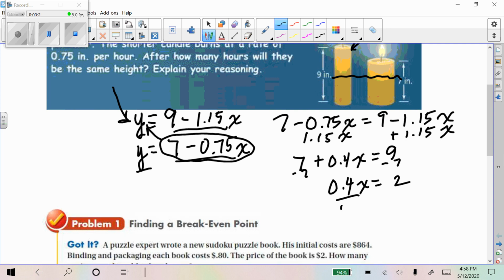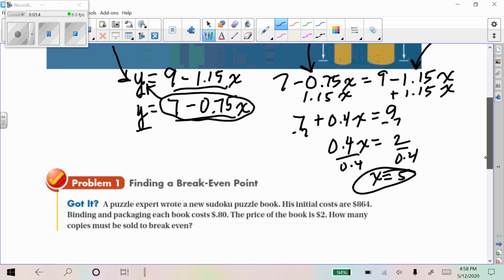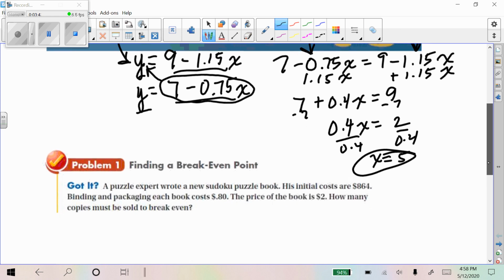And then dividing by 0.4, I get x equals 5. So in 5 hours, and we can calculate how tall they are, but they're going to be the exact same height in 5 hours. So actually finding the answer is not that difficult. It's making equations. Once you have the equations, then you can get the answer.